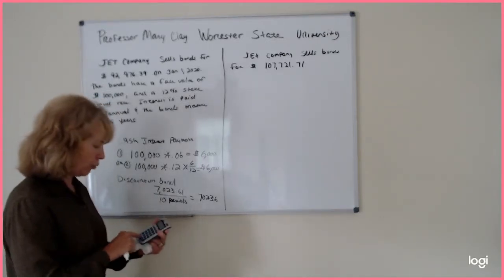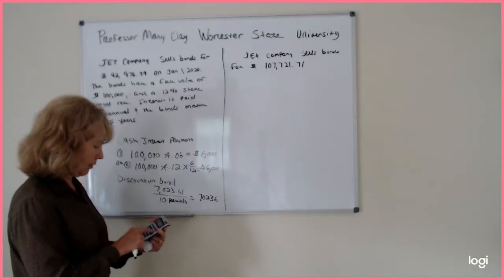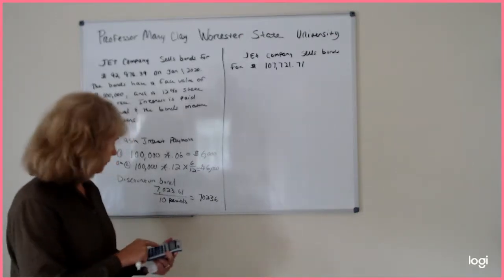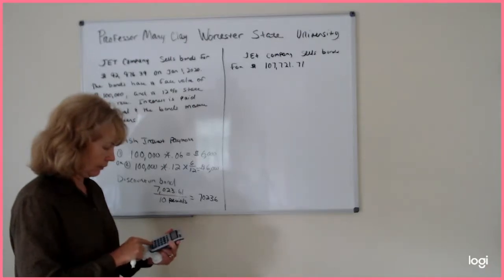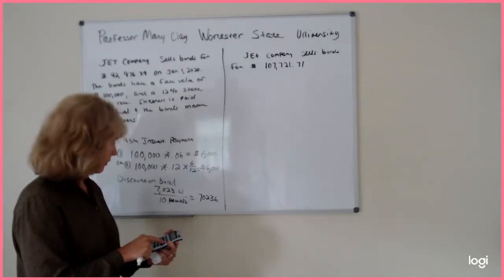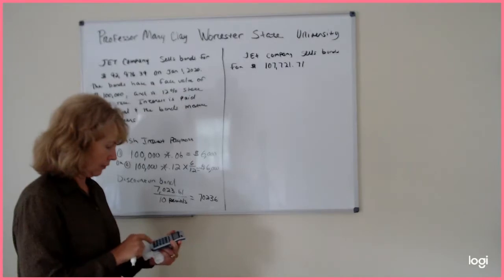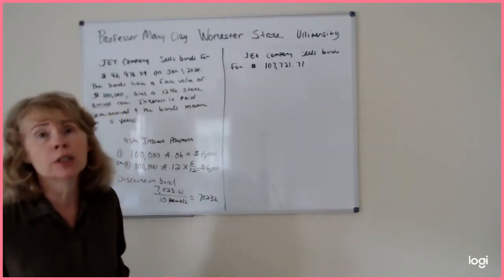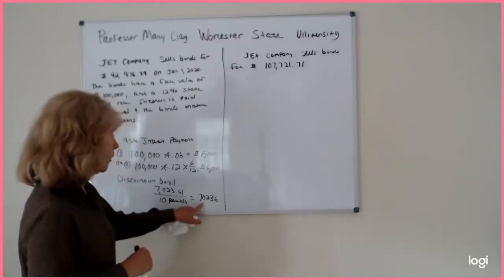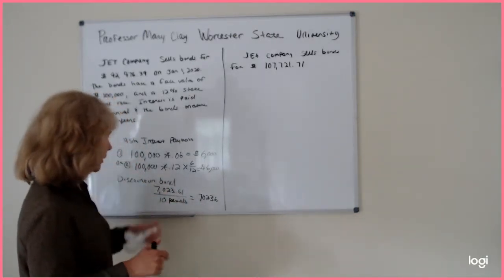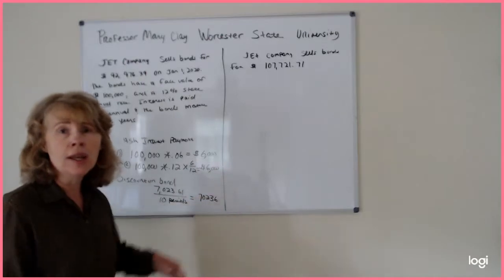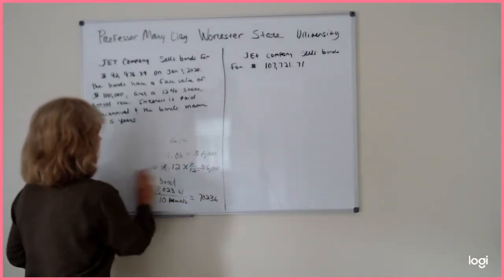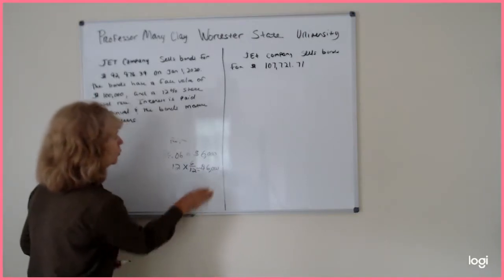I don't want to have to reshoot this. Yep, 702.36. Round your number to 2 places after the decimal. So 702.36. Okay, so now we're going to do our journal entry after we've figured those amounts out.